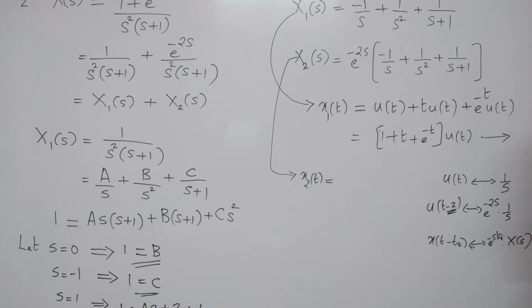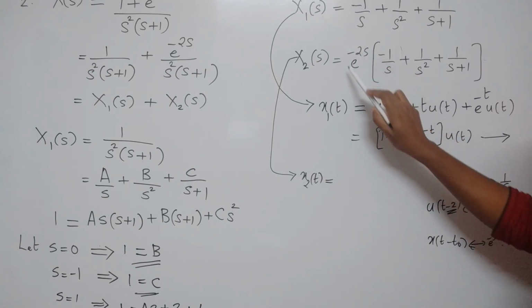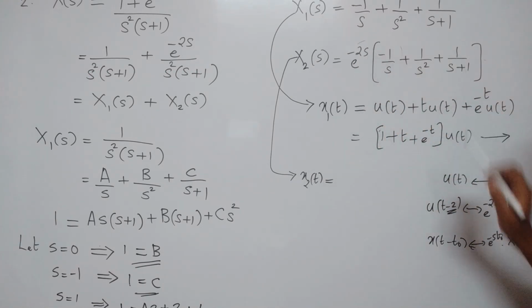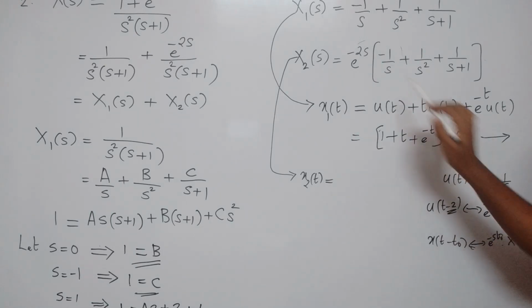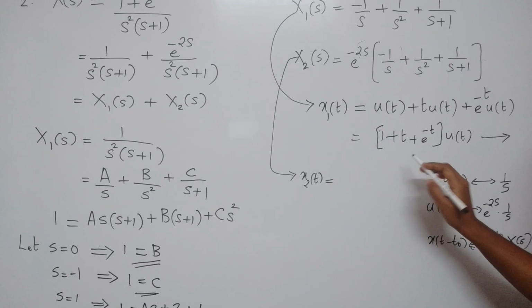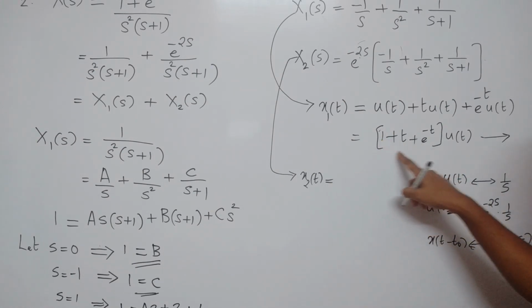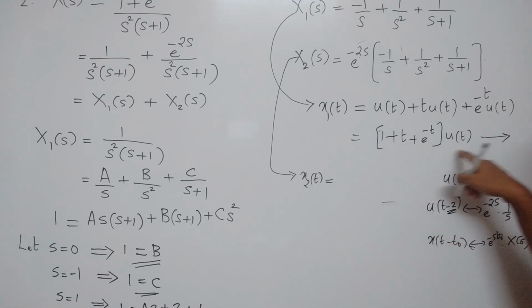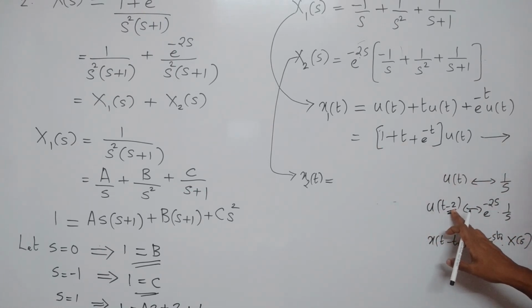Why? How did we get t minus 2? Because of this shift. So when you see an exponent term in the s domain, it means in the time domain there is a shift. By how many units? By 2 units. So from X1 of t we can write down X2 of t. The equation will be the same. The only difference is all t will be replaced by t minus 2.